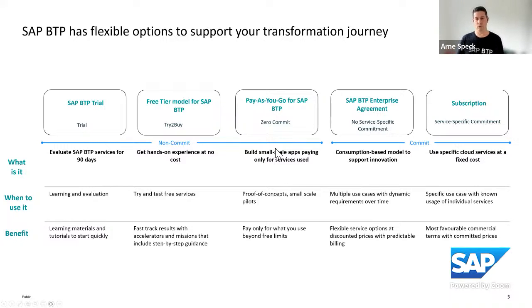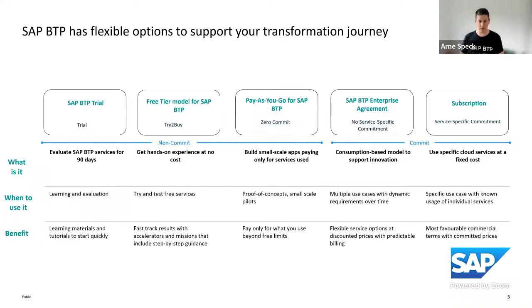Now coming to the commercial models that have a price tag behind. The first thing I would like to introduce to you is the pay-as-you-go model. In this case, you make a contract, give your billing information, and then you have the broadest set of BTP services available.